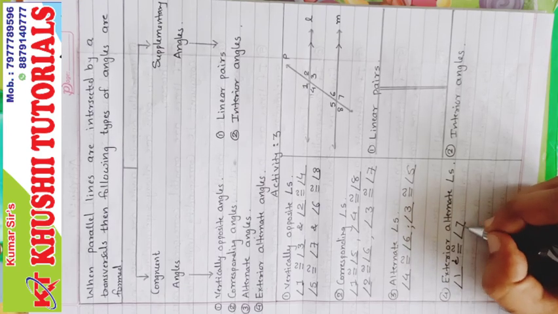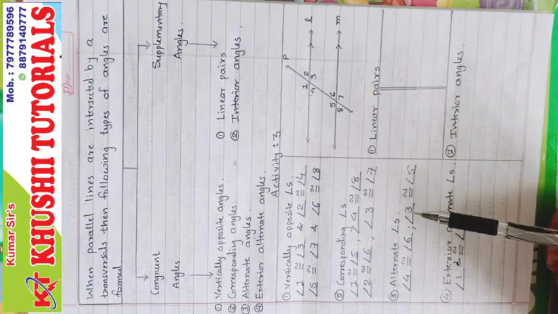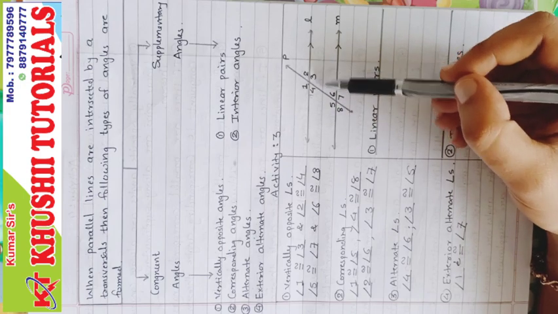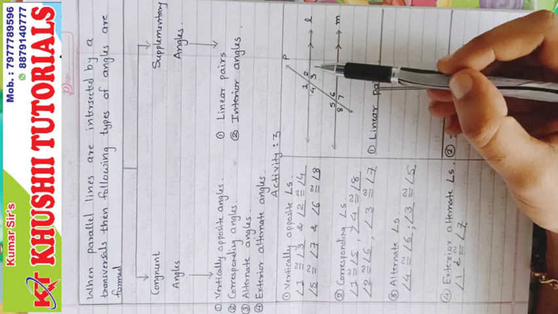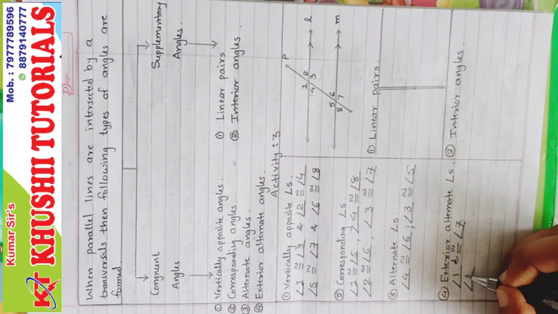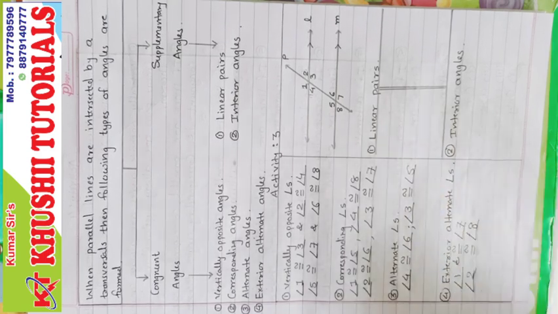Similarly, the second alternate angles are angle 3 and angle 5. So 3's linear pair is 2 and 5's linear pair is 8. So 2 and 8. Angle 2 is congruent to angle 8. That's all. Hope you understood.